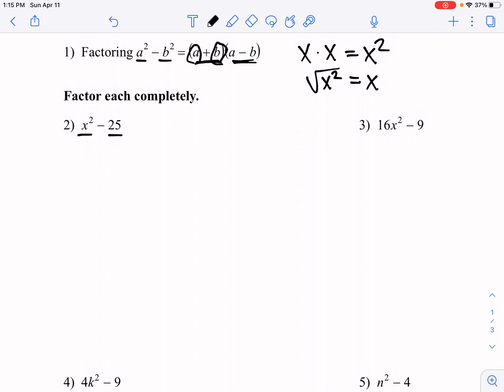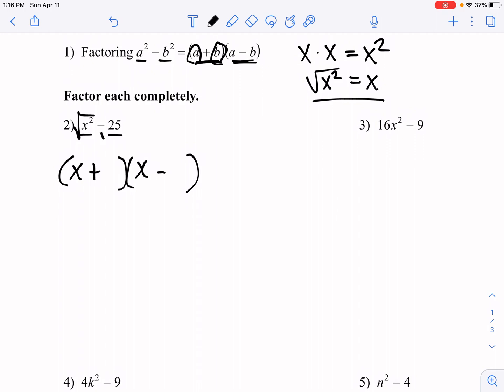Now what we're going to do is break it up into the square root of the first term and the square root of the second term, one with a plus and one with a minus, okay? So if I take the square root of x squared, just like we said over there, x times x is x squared, so the square root of x squared would give us x. So that's going to be our first term.